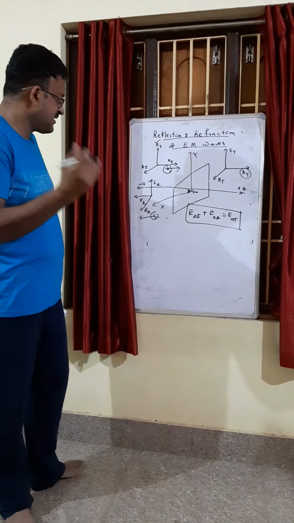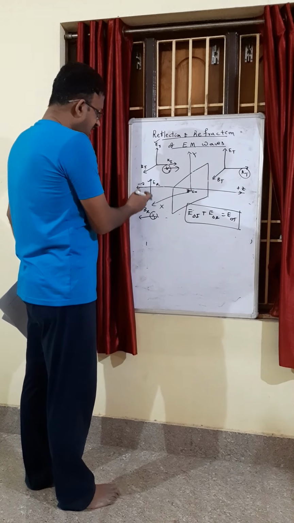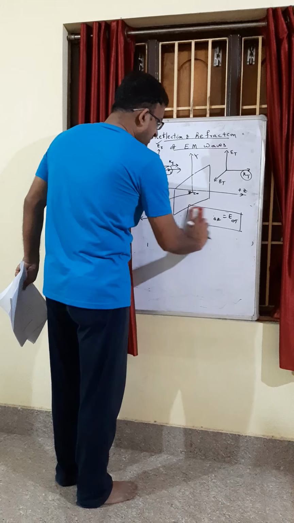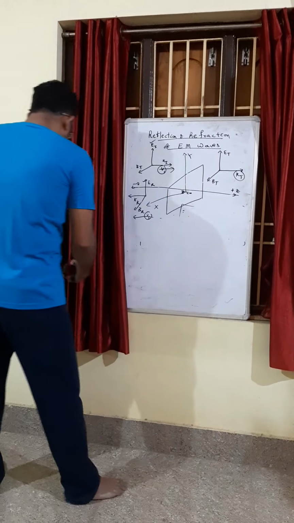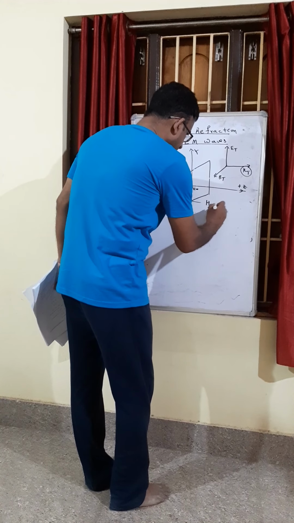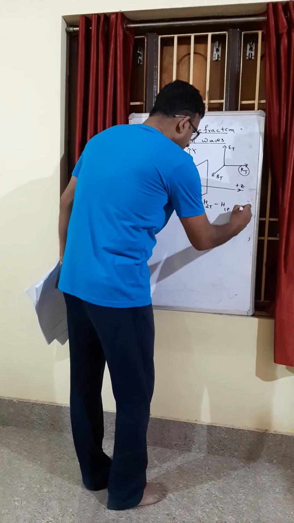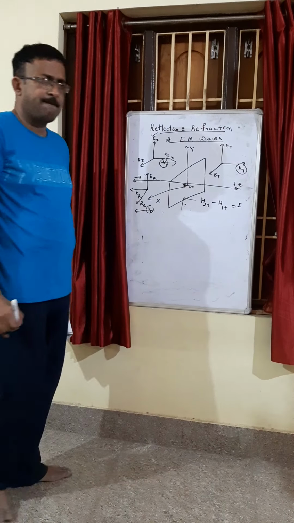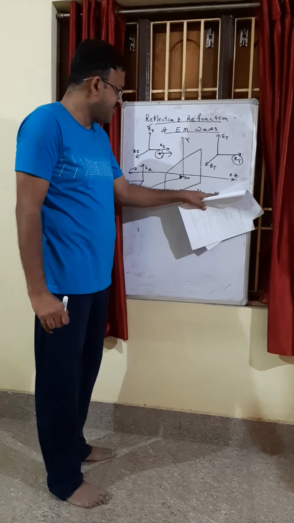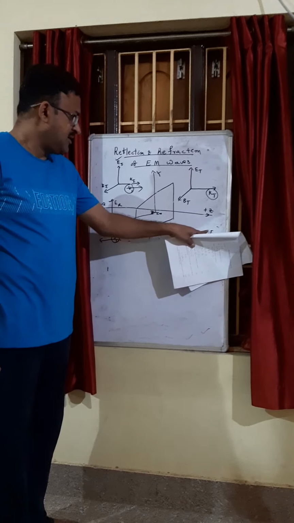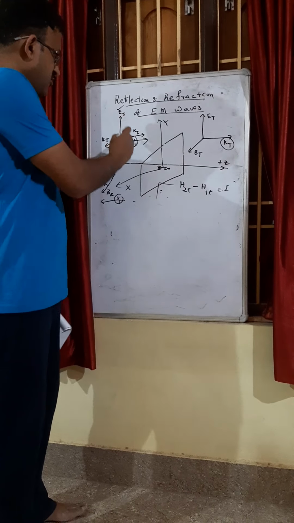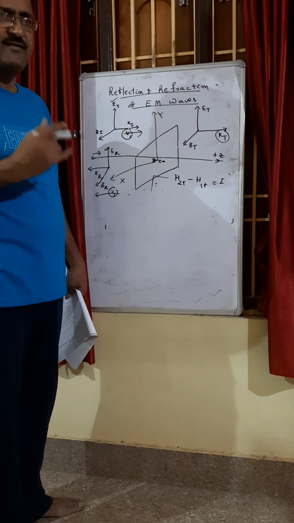Similar continuity conditions will now apply for the magnetic field. And as you know, if you apply the boundary conditions for the tangential component of the magnetic field, this is the equation you will find: the tangential component of the magnetic field in the second medium minus the tangential component of the magnetic field in the first medium gives you the current per unit length, if there is any. But we have considered the two media to be dielectrics, so no current is there.